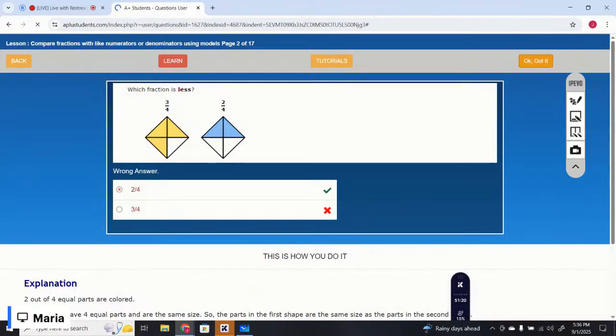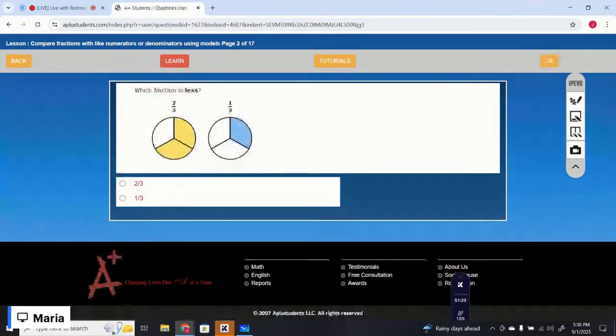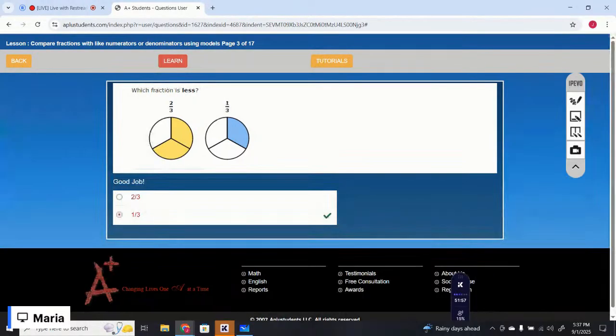Which is less? So that is 2 by 4. Which fraction is less? 1 by 3 is less than 2 by 3. Option number 2 is the correct option.